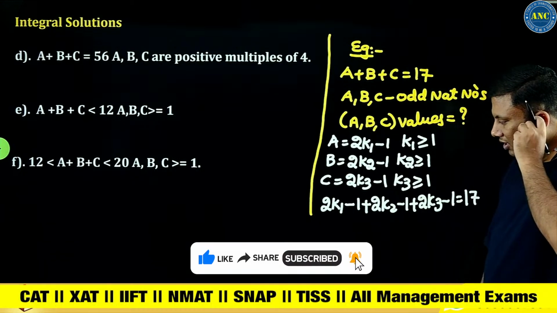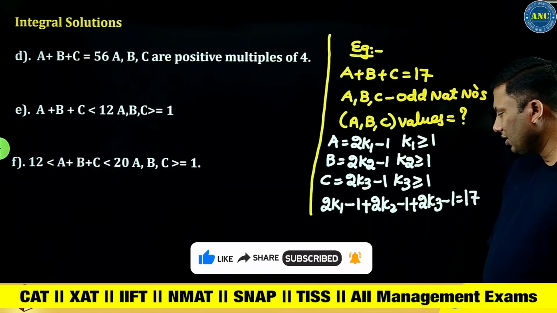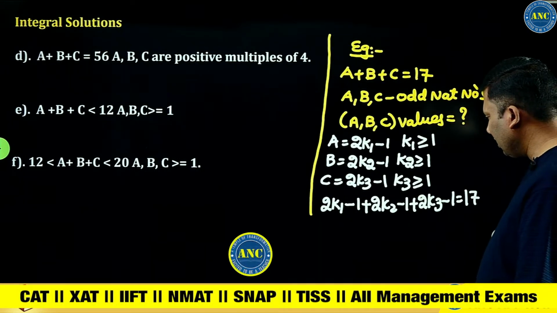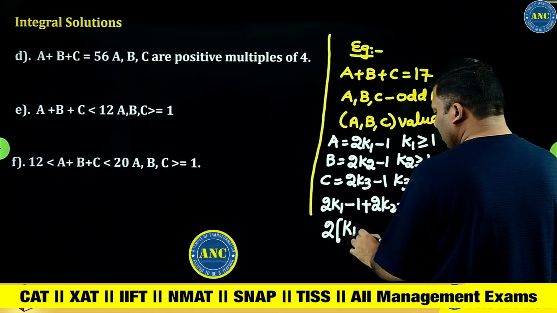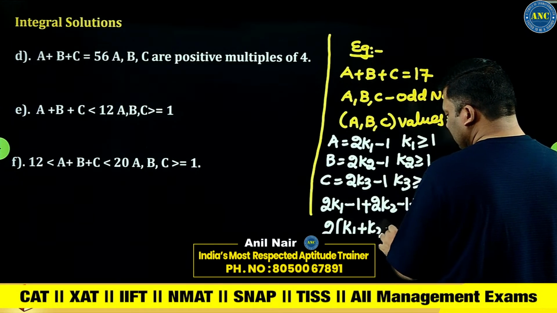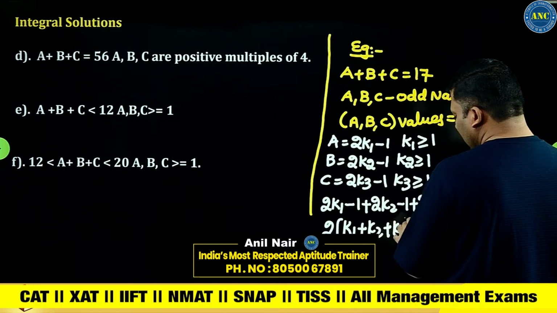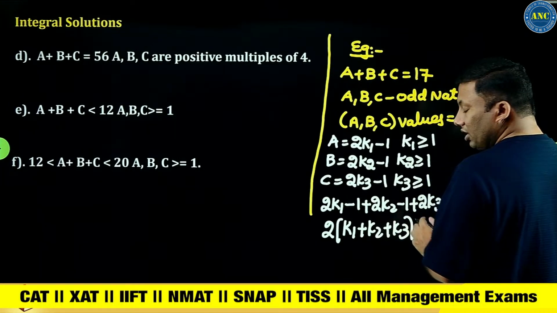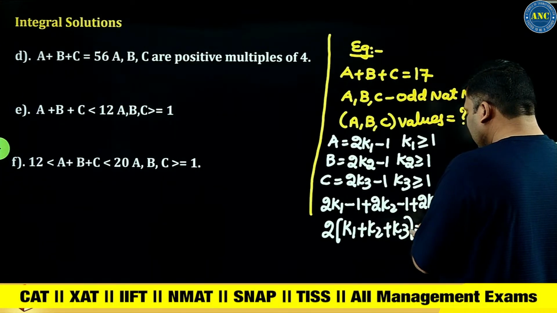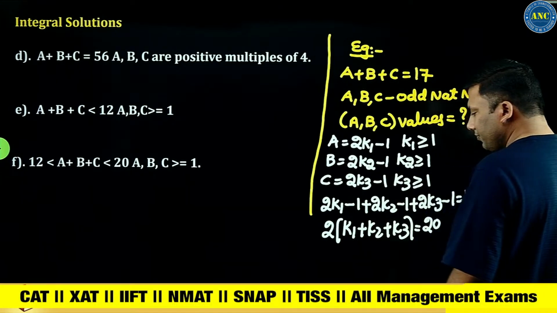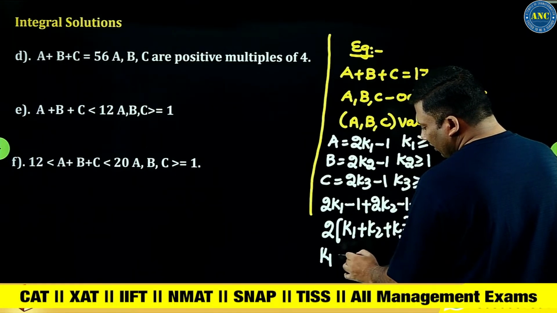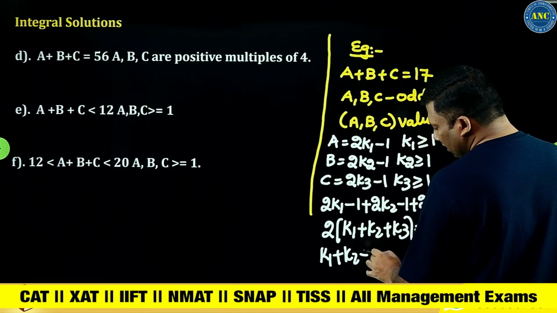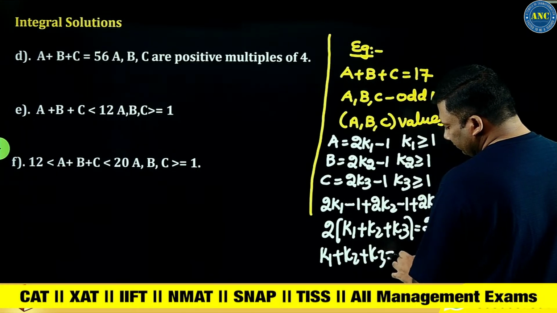Taking 2 common, this becomes k1 plus k2 plus k3 minus 3 on the left hand side, and the right hand side is 20. Are you all with me? Now you know how to solve. K1 plus K2 plus K3 is 10.